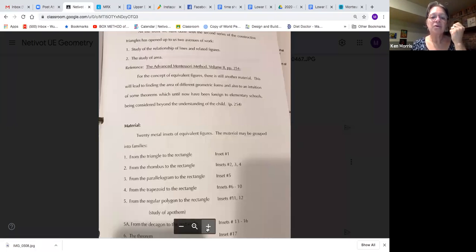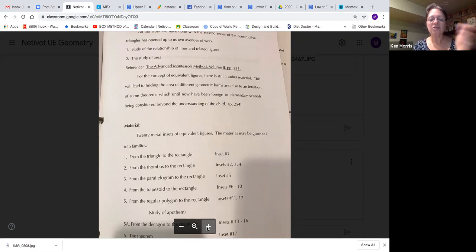Okay, so for the concept of equivalent figures, we have this other material that we're going to look at today, right? The materials are 20 metal insets of equivalent figures, and you can group these into families. I pretty much have a video for each one of these that'll show you how to use them. The first one, inset 1, is from the triangle to the rectangle. Then we have from the rhombus to the rectangle.